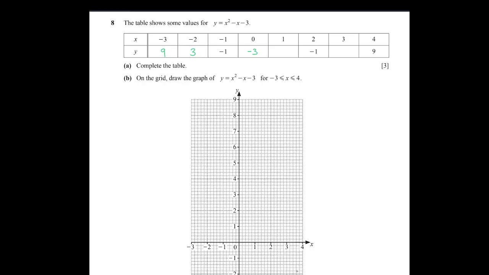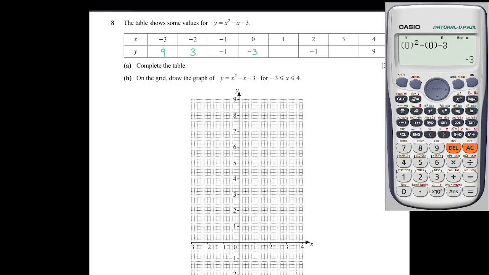Next 1. One is also minus 3 because 1 minus 1 is 0.